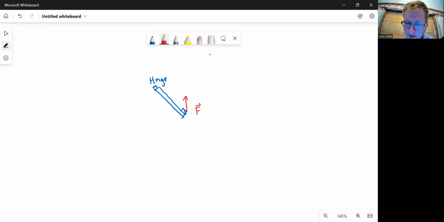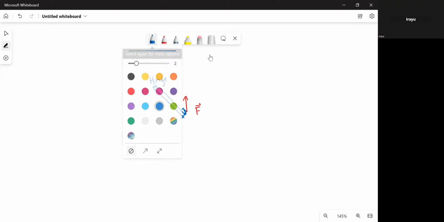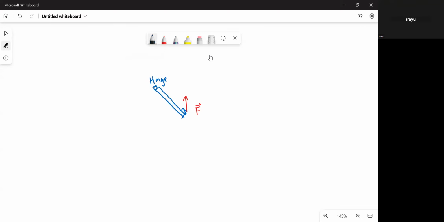I guess what I'm asking is, what is the lever arm for this force? So it's the perpendicular line from the axis. Yes, so I want to make sure that it's clear what that means.